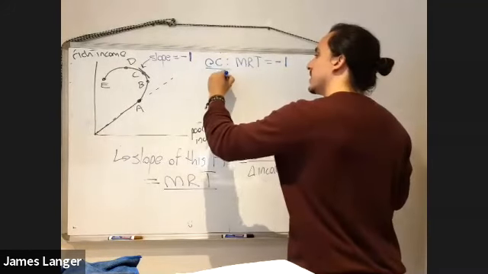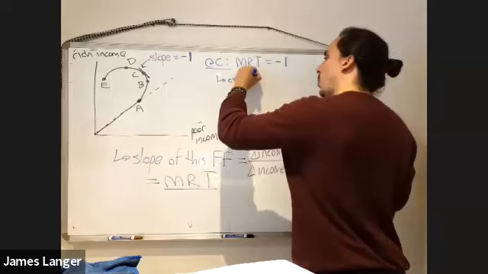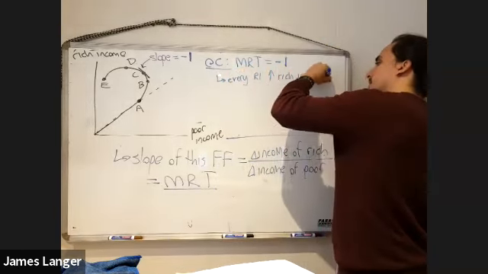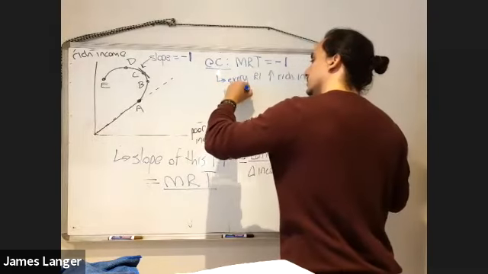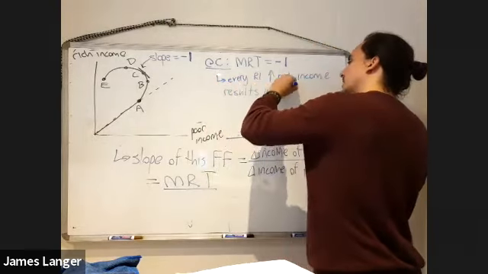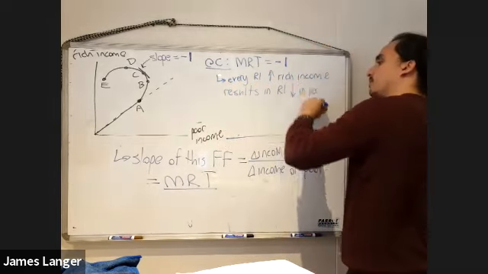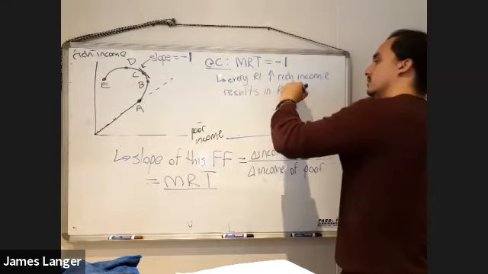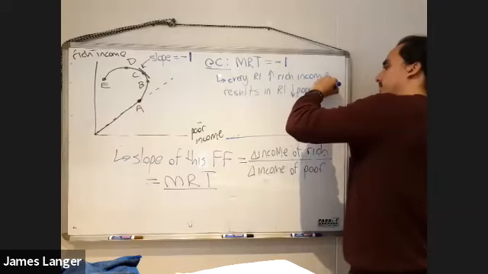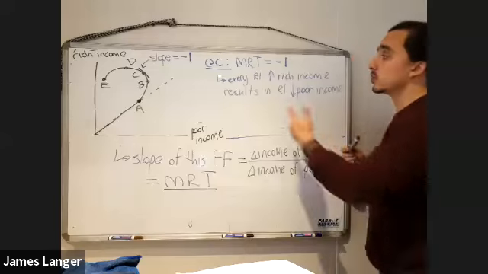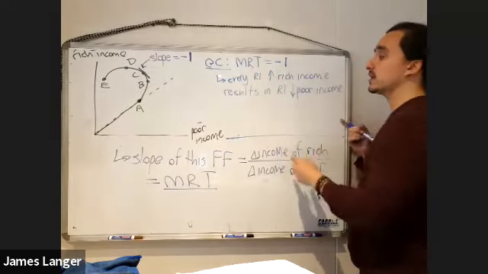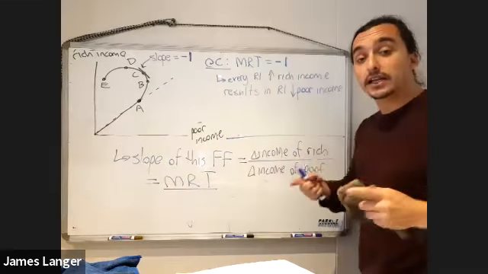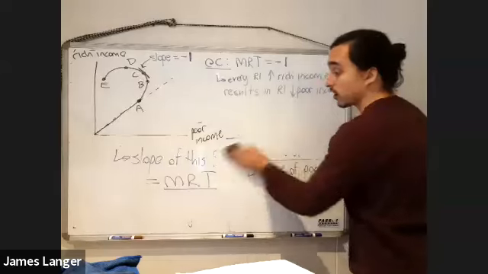This tells us every 1 Rand increase in rich income results in a 1 Rand decrease in poor income. At C, we see MRT is equal to -1. Every 1 Rand that the rich now earn is directly taken away from the poor, okay?